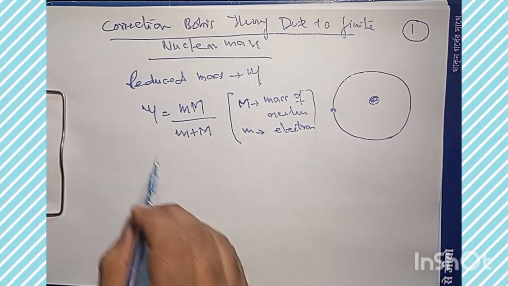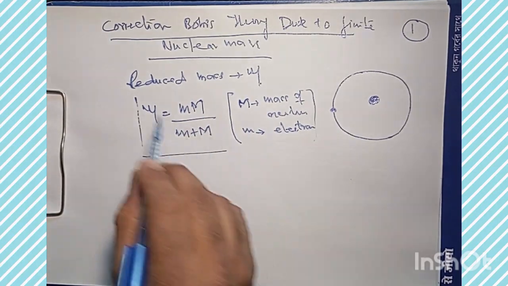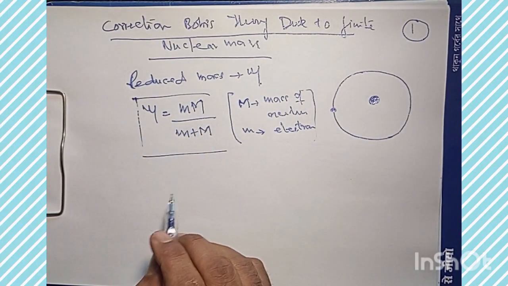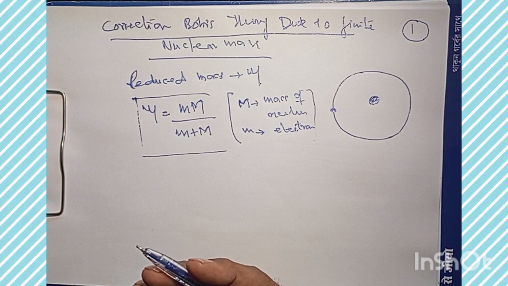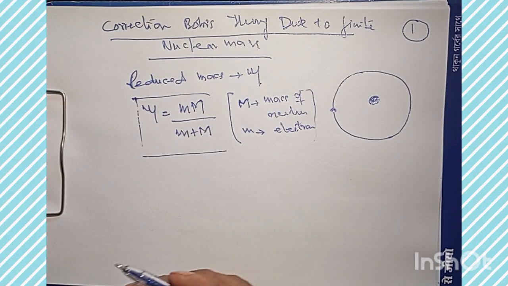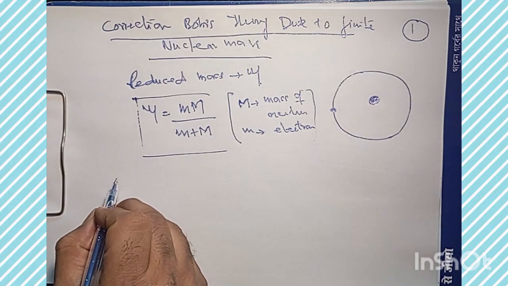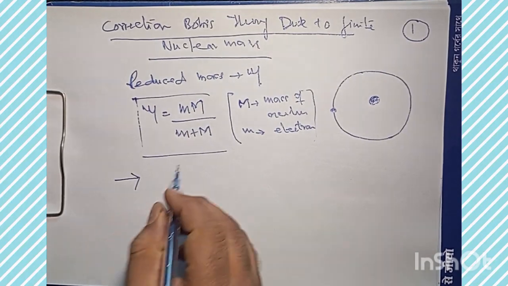Now, if we take into account this reduced mass in the assumptions that were described by Niels Bohr, those equations will take a modified mathematical form.